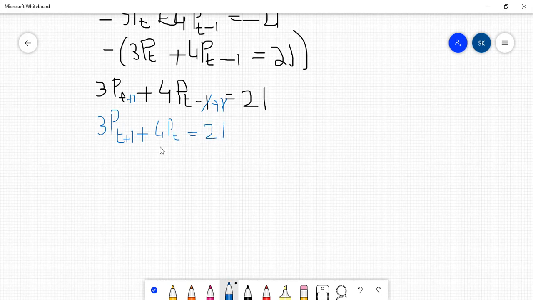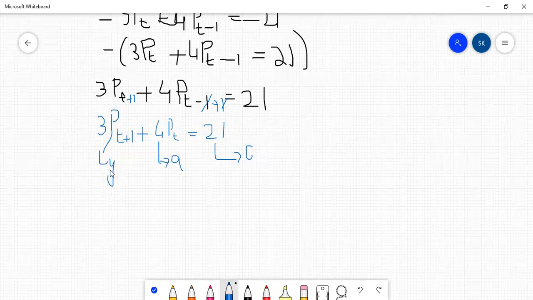Now, we know that this 4 is equal to A, and 21 is equal to C. And this P in the general form, we write as Y. So let us do it once again.